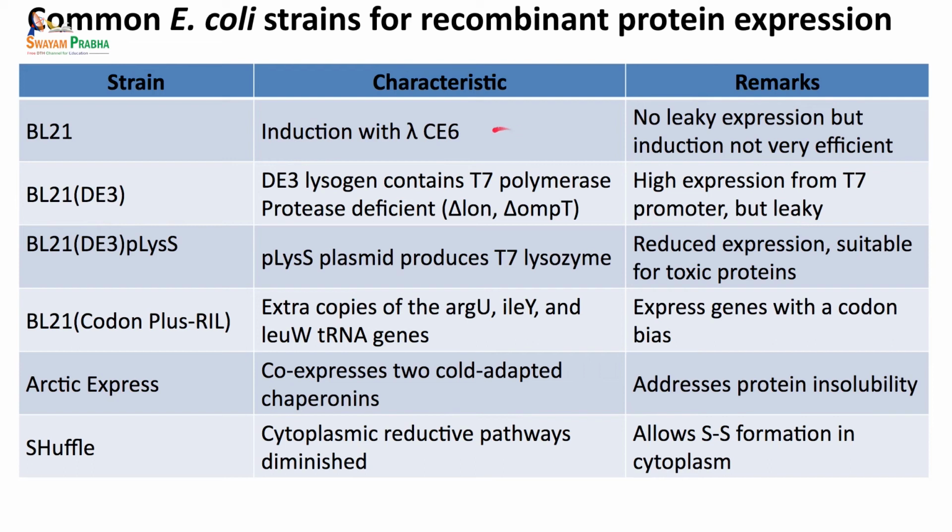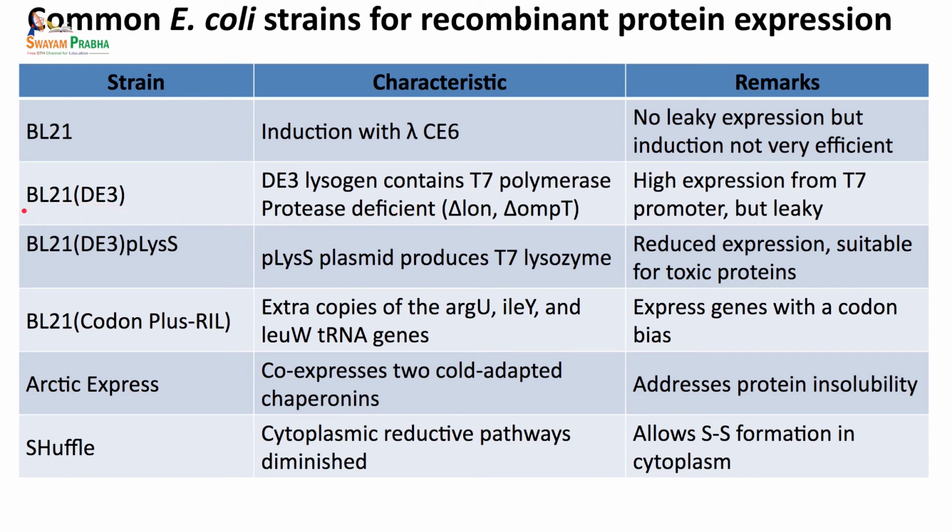Because the T7 RNA polymerase is not in the genome of the bacteria and is not present in the vector that you have introduced, it comes only when you add the lambda phage separately. This is the tightest control that one can have, and there is no leaky expression in the system. But the induction in this system is not very efficient. So that is the pro, and this is the con.